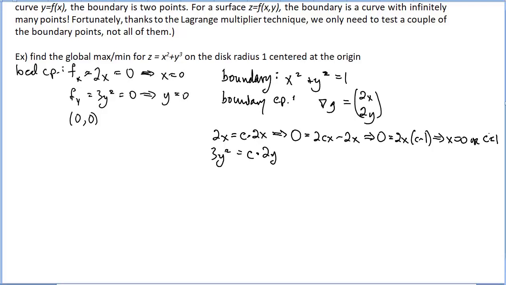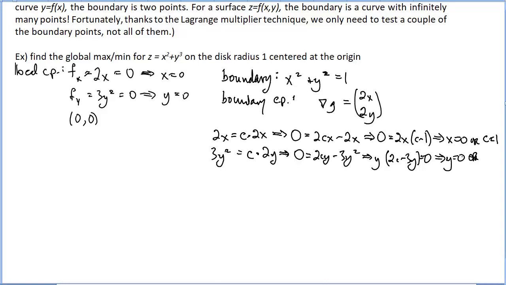Okay, solving the second equation, we get 0 equals 2cy minus 3y squared. Again, factoring, we get y times (2c minus 3y) equals 0. Solving that, we know that y equals 0.